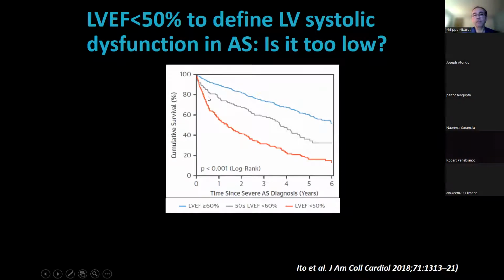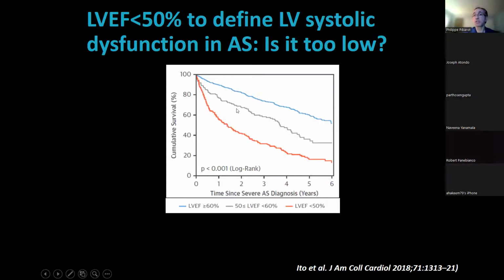But look at the patients who are in the intermediary stratum, between 60 and 50%. Well, actually, these patients have a worse outcome compared to those with LVEF more than 60%. And you see an impact even in the short term.